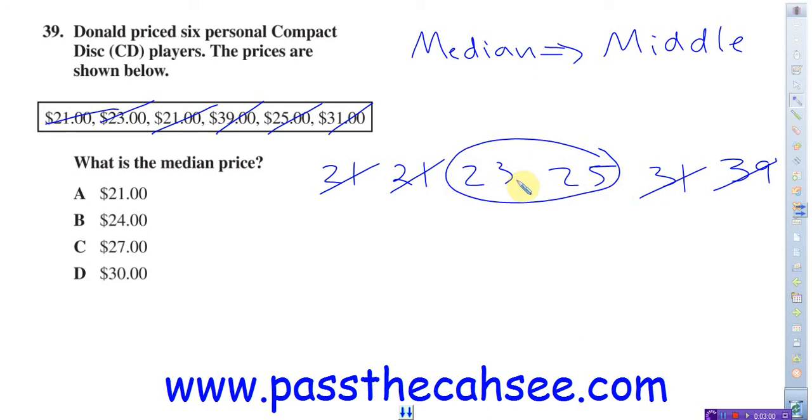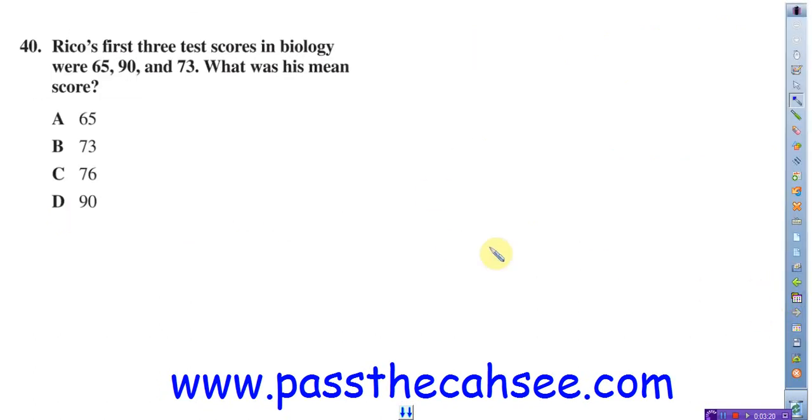Now, that's not even an option here because you're looking for the middle number here. The middle number, what's between 23 and 25? Well, it's 24. So median is the middle number. That's what you're looking for this particular question. Median is middle.